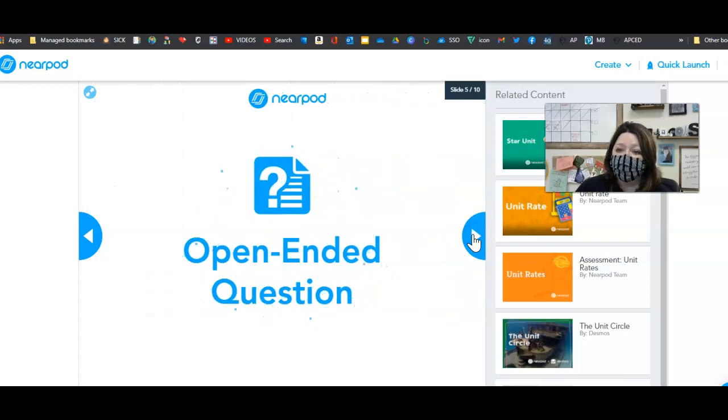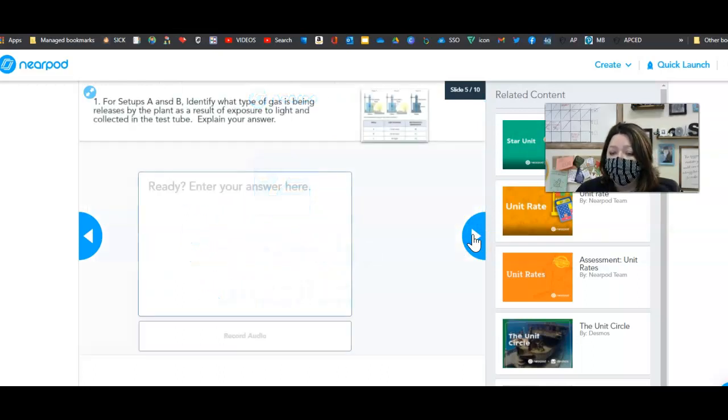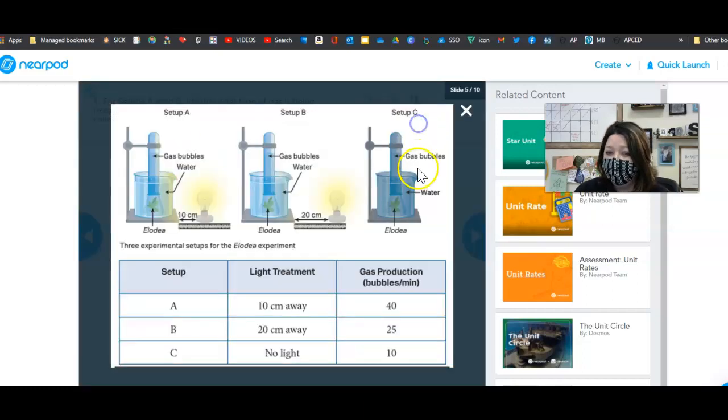So the first question was asking you to explain what gas was being produced for setups A and B. This wasn't a, I think this is what it is, or you're guessing. You should know the answer to this, right? We just learned about all these processes that happen in plants and animals. What process do plants perform when light is around? Okay, it's a very simple question. So what gas, and then explain how.